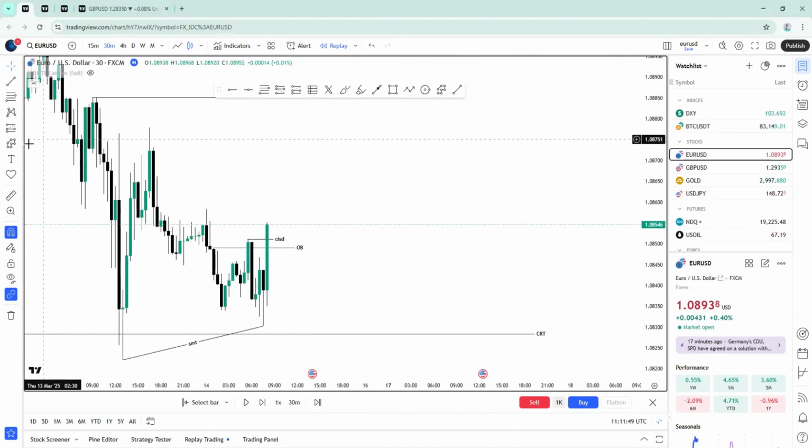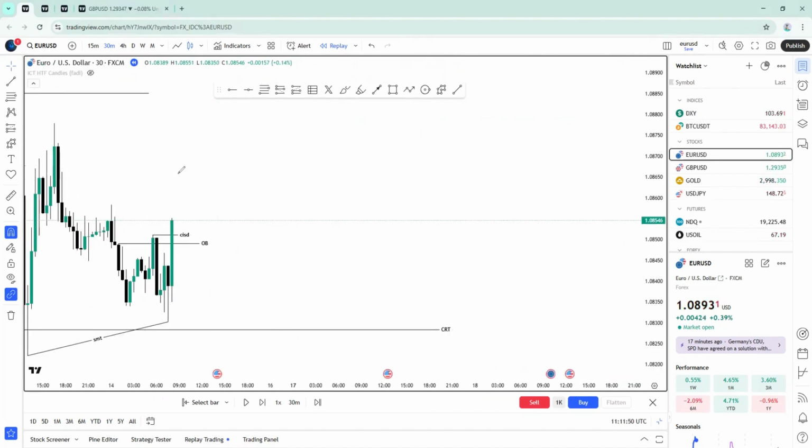And again, let me explain this SMT to those who are completely new to it. SMT is simply when two pairs that move simultaneously start to move in the opposite direction. So when you have pairs that move together and they start to move in the opposite direction, that is what we call SMT.